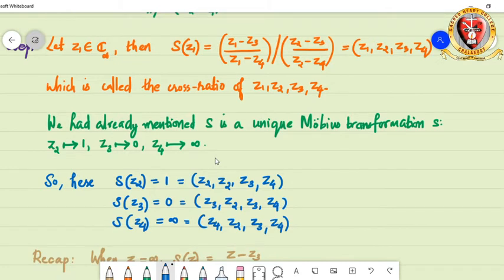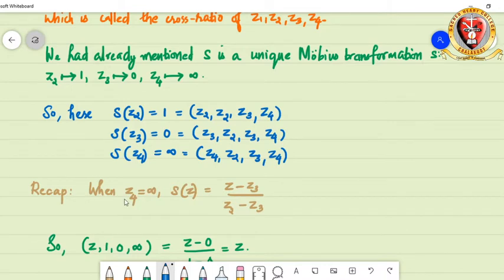So S of z2 is nothing but, instead of the z1 here, we are substituting it with z2. So that is nothing but the ordered quadruple z2, z2, z3, z4. Similarly, you can denote S of z3 is equal to 0 to be this one, and S of z4 is equal to infinity to be this one.